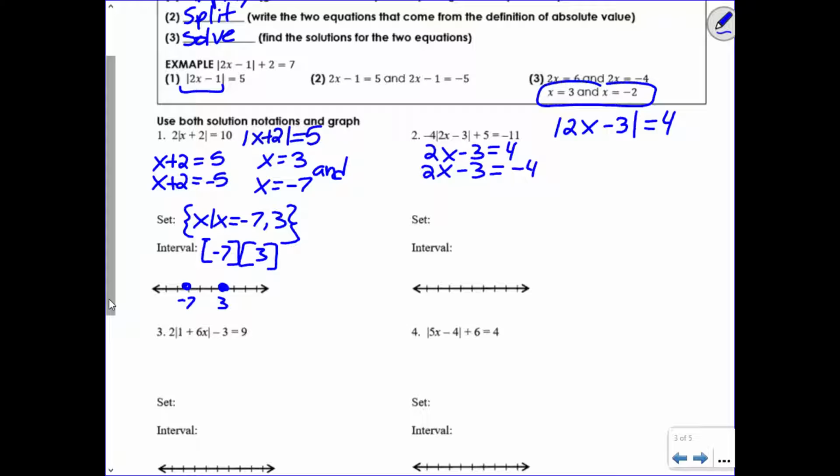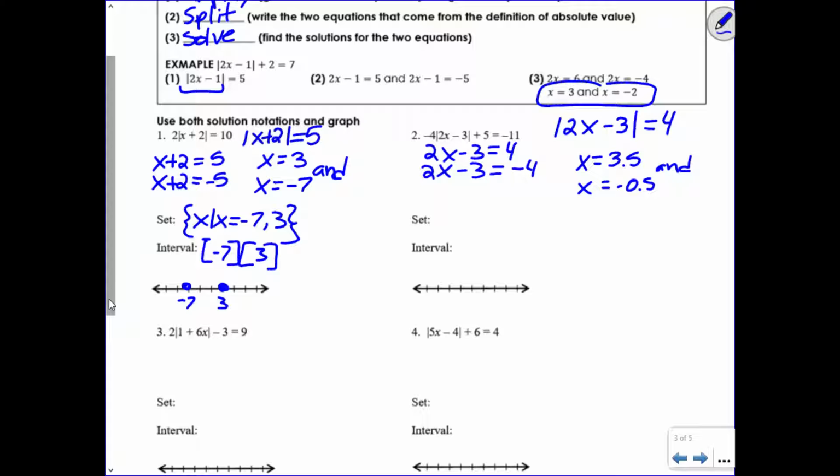Now what? Add 3 and then divide by 2. That would be 7 divided by 2, 3.5. Do the same thing for the other one. -0.5. And when do I use the word and, or?